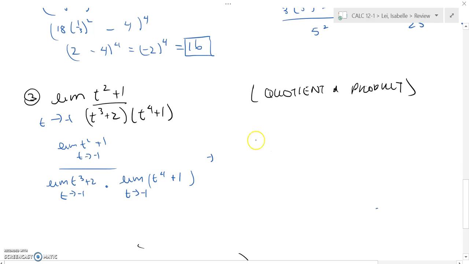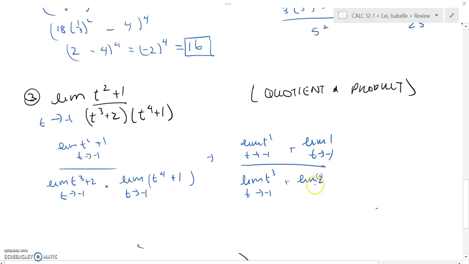So this becomes the limit of t squared as t approaches negative 1 plus the limit of 1 as t approaches negative 1, all over the limit of t cubed as t approaches negative 1 plus the limit of 2 as t approaches negative 1, times the limit of t to the power of 4 plus the limit of 1 as t approaches negative 1.